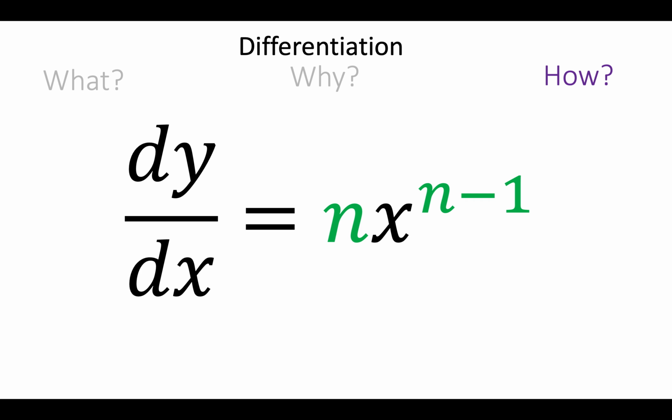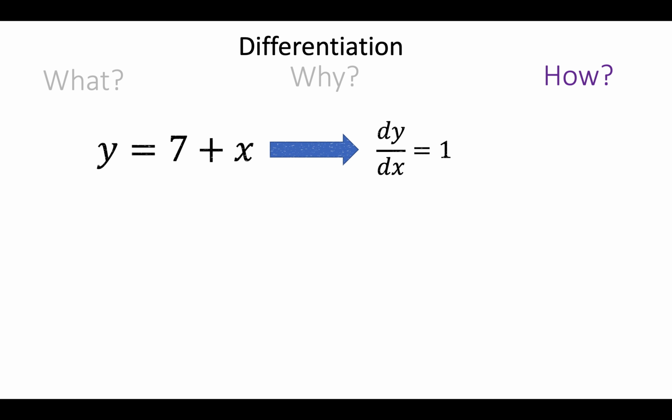Okay. Again, let's look at some more examples. If it's y equals 7 plus x, well, the 7 is just a number. That disappears, that becomes 0. If it's plus 1x, then that's a number times x. That's 1 times x, which just becomes 1. And so it's dy over dx equals 1.